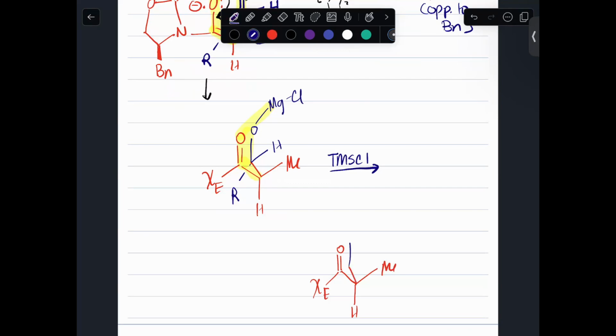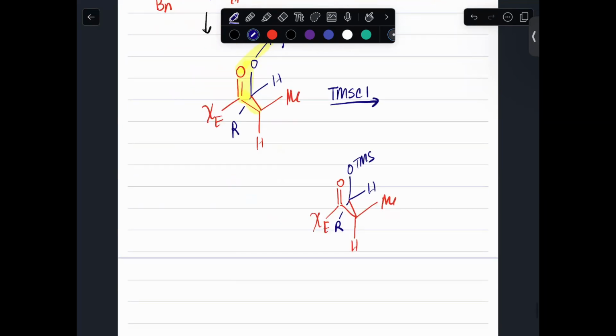Continue to color code. And this is my final product. Okay. Again, no wedges, no dashes. This is all three-dimensional. So now let me go ahead and draw it two-dimensional.